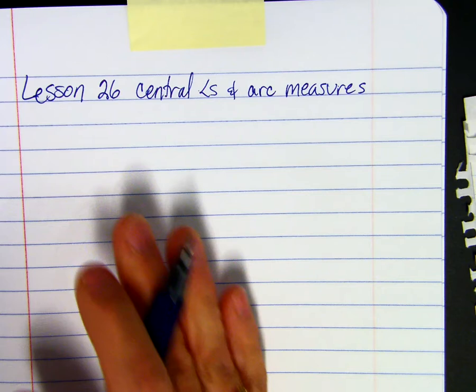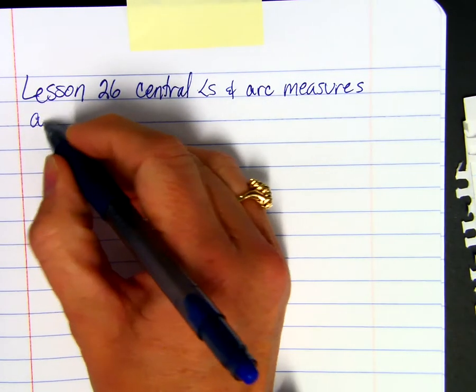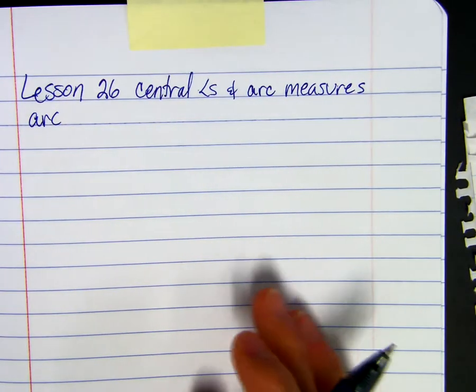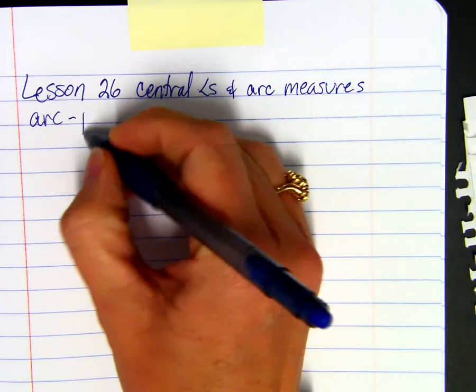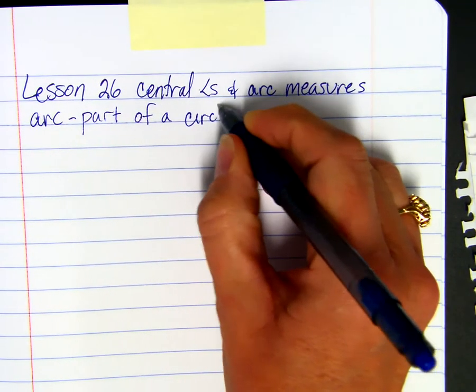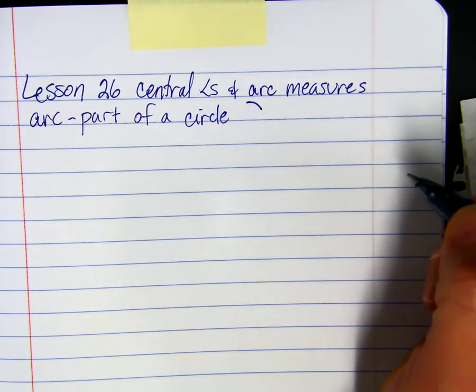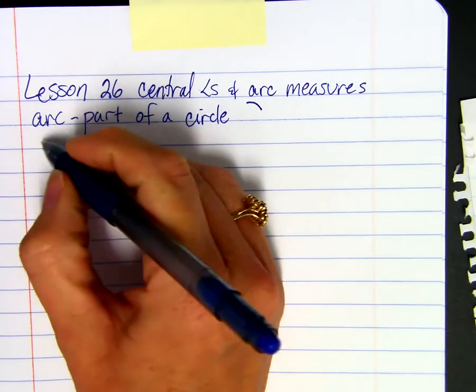So there's a lot of definitions that we have to know, so we're going to put down just a few. Arc is just any part of a circle. So if you want to draw a little example, you just draw a little curvy block.